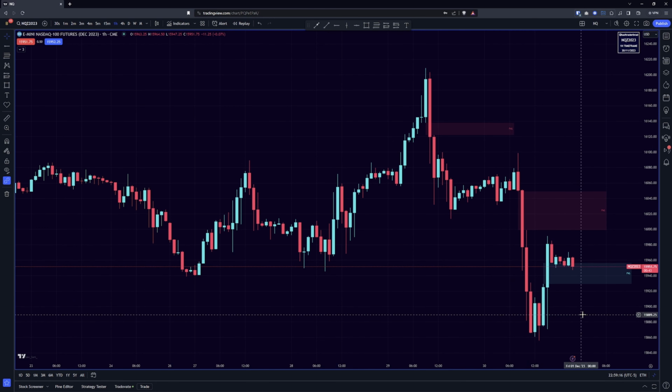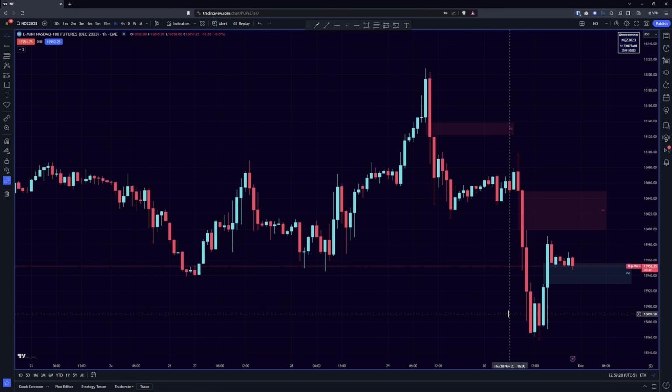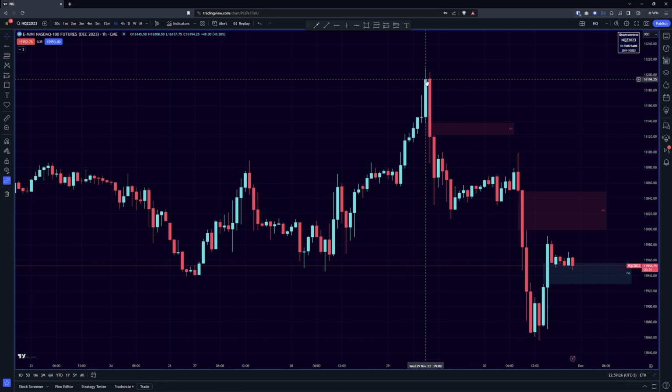Anyway, so in NQ, the first thing I saw when waking up this morning, on the morning of the 30th, was that after the potential reversal yesterday, on Wednesday the 29th, what I was looking for was a close under this little consolidation here, right?